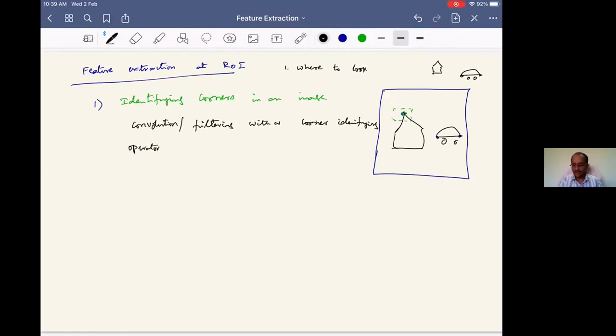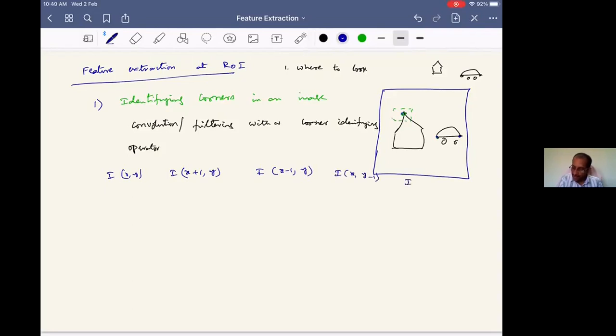In fact, just to give an idea, I of x comma y has to be quite different from what and what? From I of x plus 1 comma y. So essentially what we are saying, I of x comma y has to be different from I of x plus 1 comma y. It also has to be different from I of x minus 1 comma y. It also has to be different from I of x comma y minus 1.